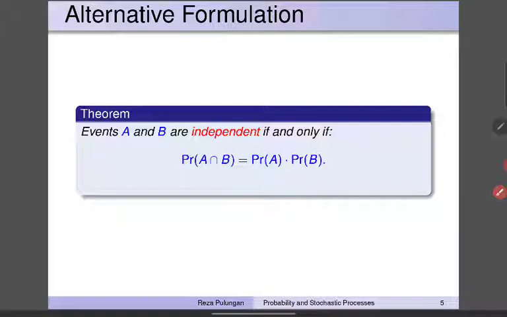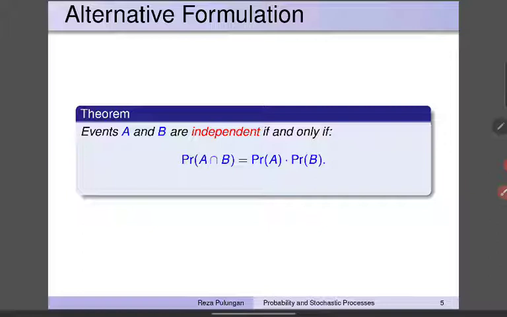Now, the problem with our previous definition is that it is not actually operational, in the sense that if we use it to verify whether two events are independent of one another, it is quite difficult. A more operational definition is therefore required.